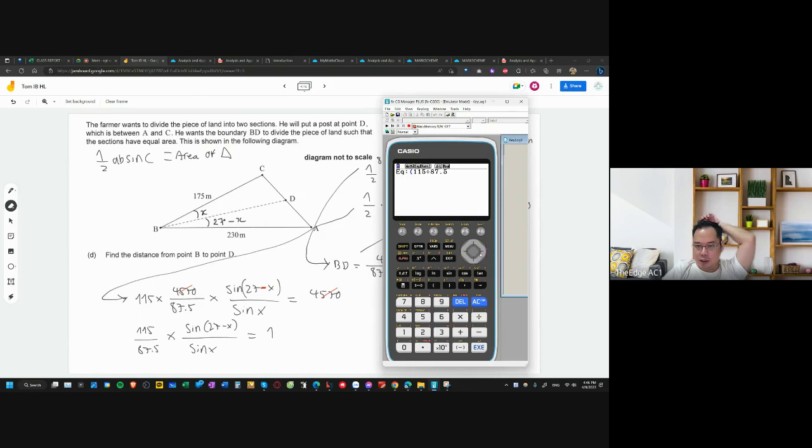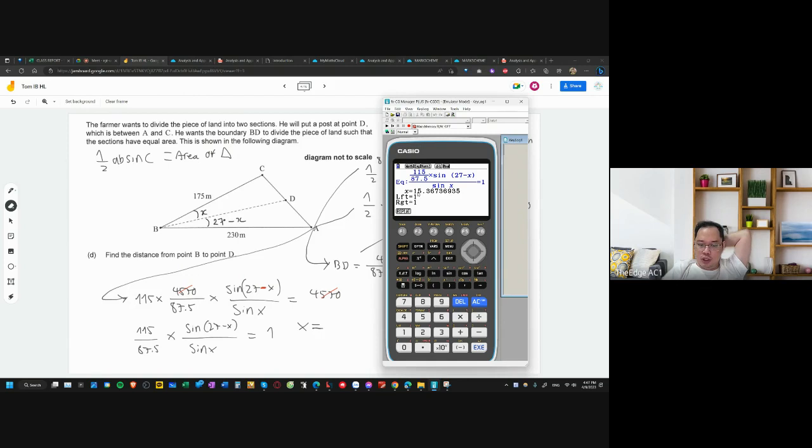Then multiply with sine of 27, making sure that the angle is in degrees, 27 minus x, and then divide by sine of x. Here equal to 1. I also need to enter the equal sign, shift, equal to 1. Then enter a starting value, I guess the angle is like 12 degrees. Enter here, and solve.